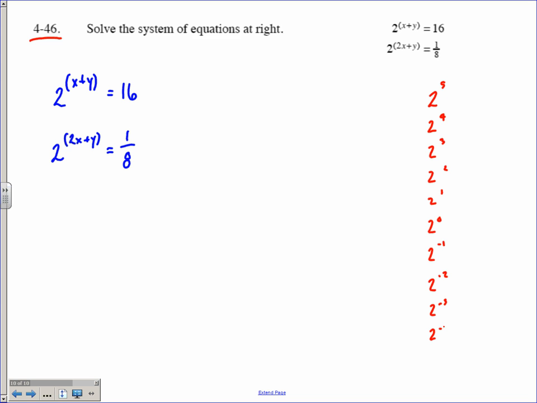As we look here, we know the value of 2 to the first power is 2. If we take that value and multiply it by 2, or raise it to the second power, we get 4. So 2 squared times another 2, or 2 to the third power, is going to give us 8.